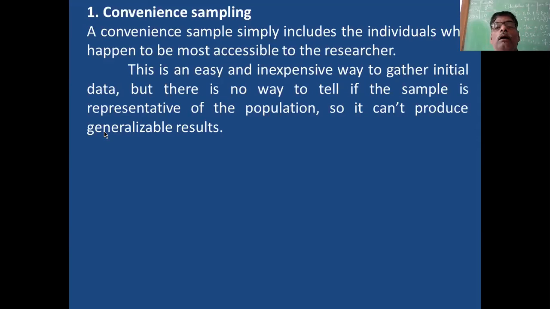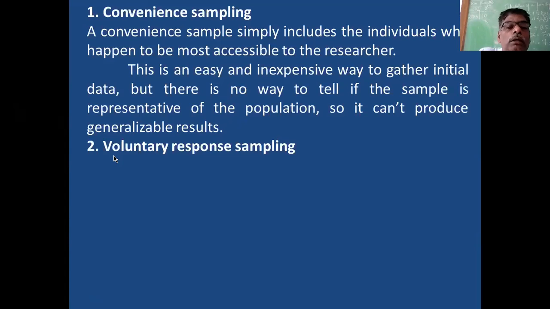I have not considered all the students of the college. I took the students known to me who are convenient to me. On the basis of my convenience, I called the students and collected data. Therefore, it is not applicable to the whole population. This is the first one.